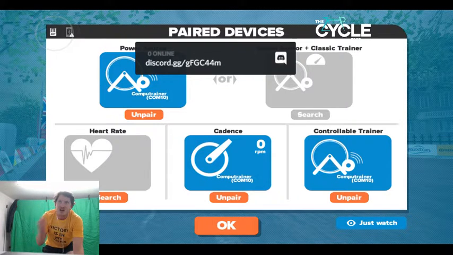But what's great about the erg mode is that it doesn't really matter what gear you're in. The resistance is going to come on and off as necessary to make sure that you just hit your numbers correctly. But what will change is your speed. If you delve into your harder gears, you'll notice your speed increases as long as you maintain the same cadence.